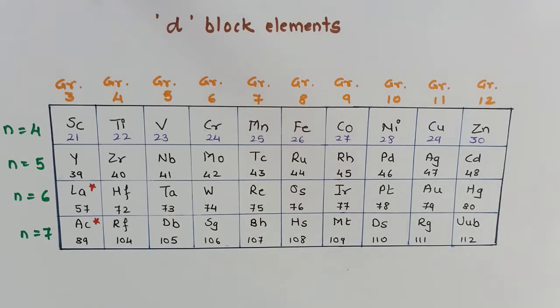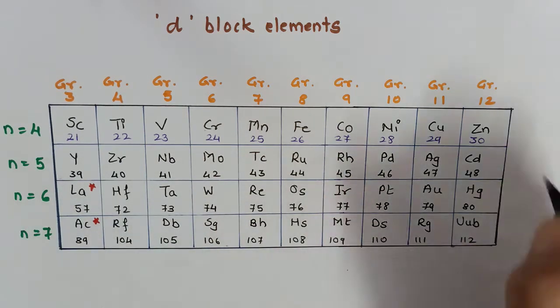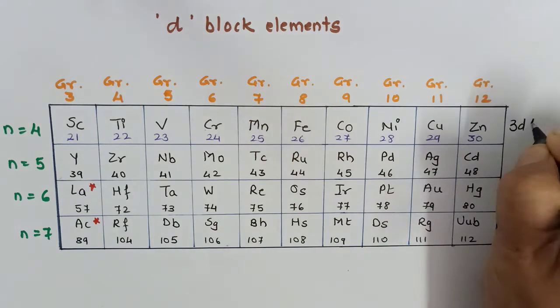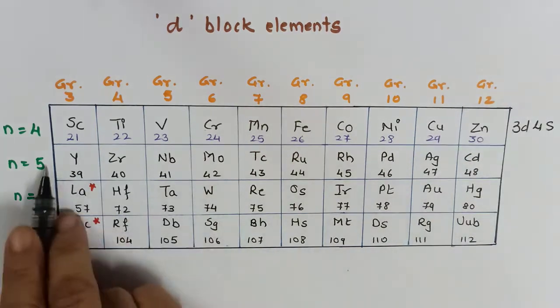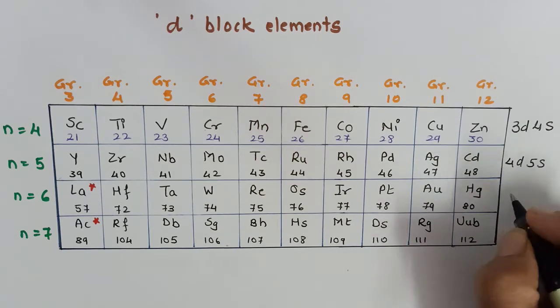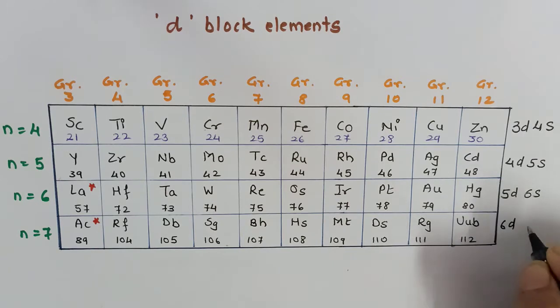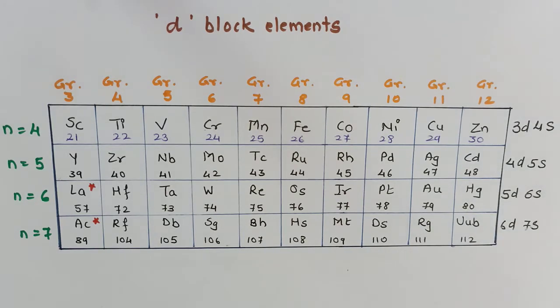As I told you just now, in these elements the electrons are added in the penultimate shell, and therefore in n equals 4, electrons will be added in 3d first and then 4s. For the second one, it will be 4d 5s. Similarly for the third one, 5d 6s, and the last one 6d 7s.